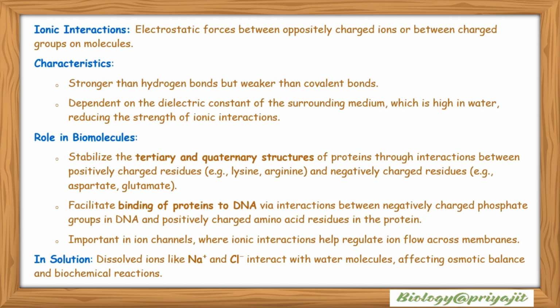In biomolecules, ionic interactions stabilize the tertiary and quaternary structure of proteins through bonds between positively charged residues such as lysine or arginine and negatively charged residues such as aspartate and glutamate.